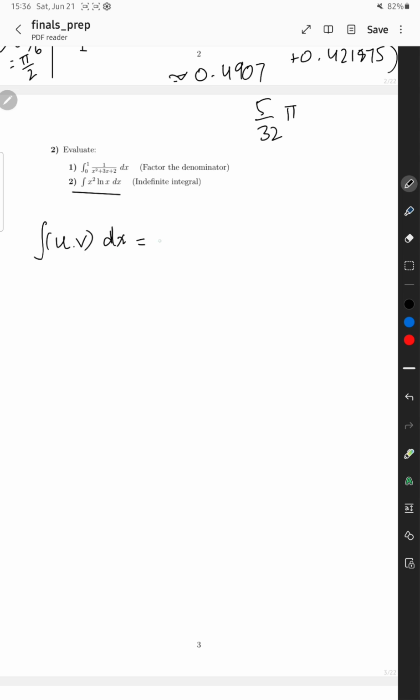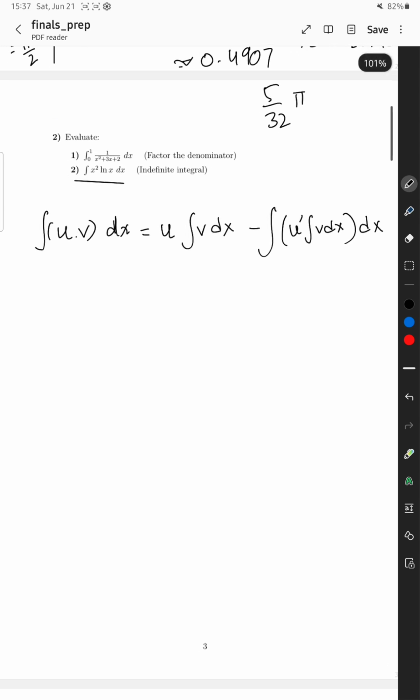Now you're going to put u like this and integrate v dx, minus a whole integral. You're going to take the derivative of u and integrate the whole thing again. This is a nice sort of distribution, or sort of tells you how you can expand the multiplication if there's an integral out there. And in a lot of cases like this one, this would really simply solve itself.